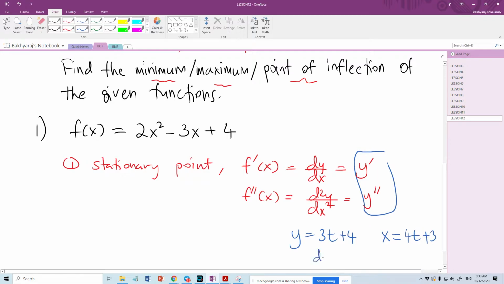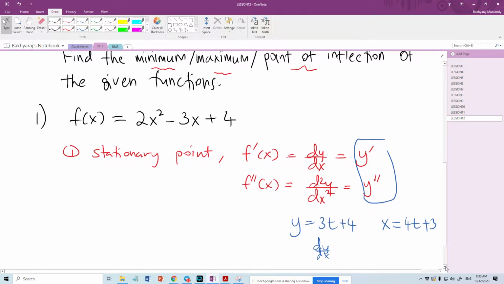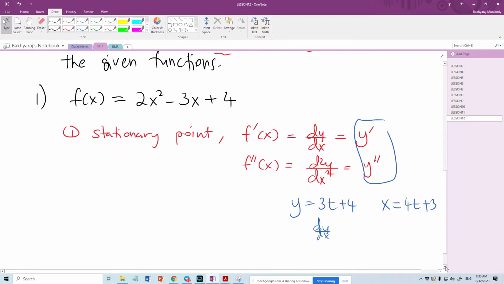Then you want to find dy dx, so it is not really recommended to do this, because I'm afraid you will get confused with y prime and y double prime. This one can actually be done, depending on the question. If you are confident you can do it, but for parametric equations it is not really recommended.